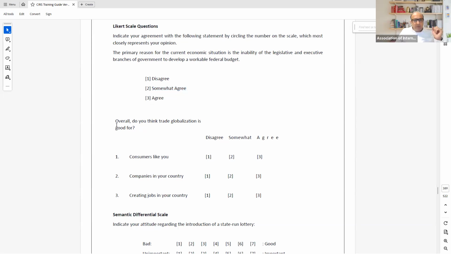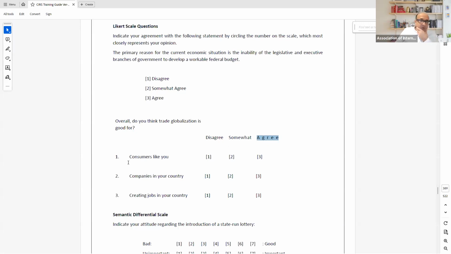Now, if you want to expand on this and you'd say, overall, do you think trade globalization is good for you, as a question? You want to expand it and you want to say disagree, somewhat agree, or agree. So these are three choices.